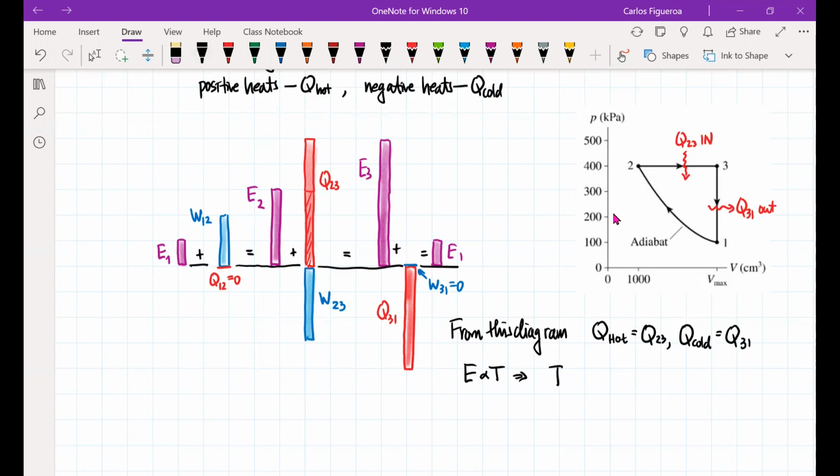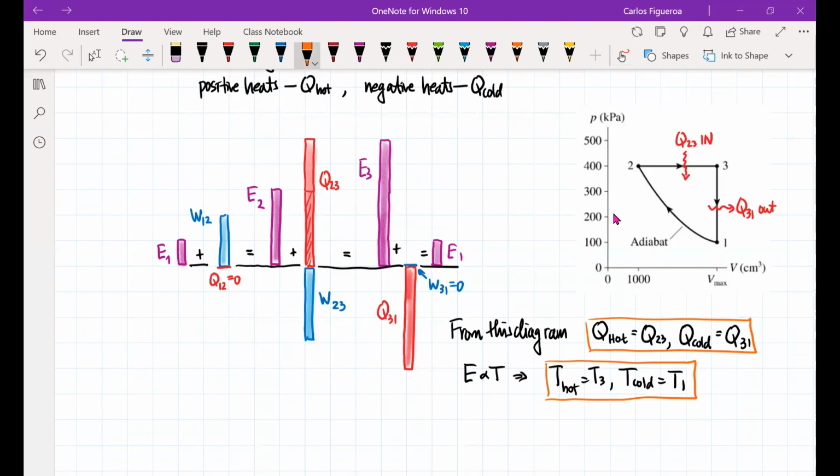So let me call that T hot, which is T3. And the lowest internal energy has to be at 1. So then my T cold is at T1. So now I know everything about how the reservoirs are working and what locations are the temperatures.